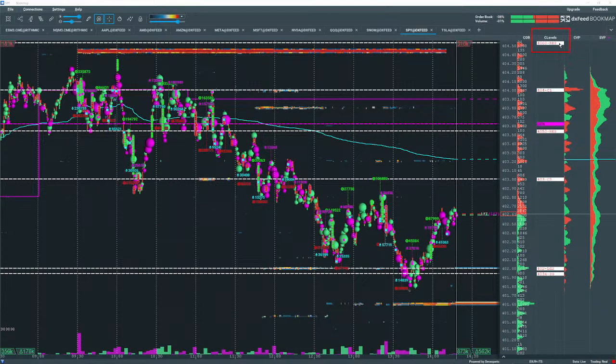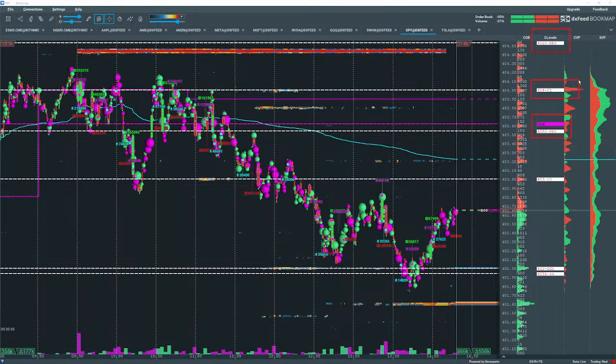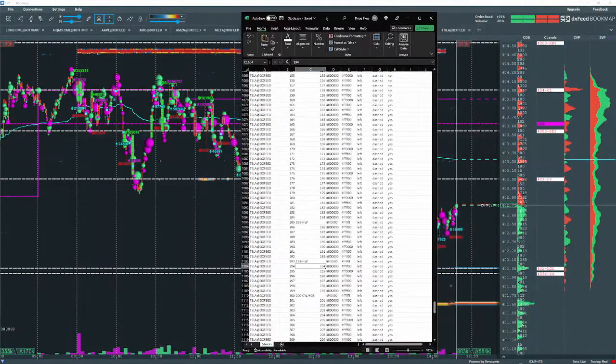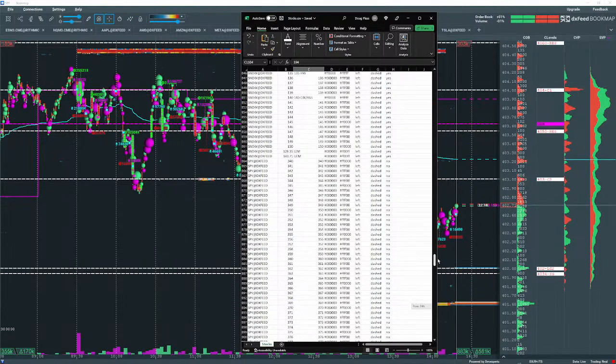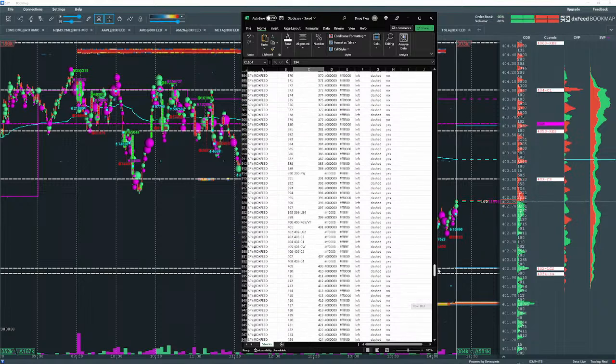There's the 40-60 resistance level, and here's the 40-50 resistance level, as well as the upper edge of the expected move for the week for SPY, and there's the 404 C1 level. What I do is fill out this spreadsheet every day, and I just change the levels. So here's SPY.